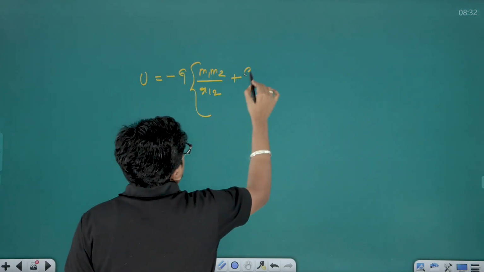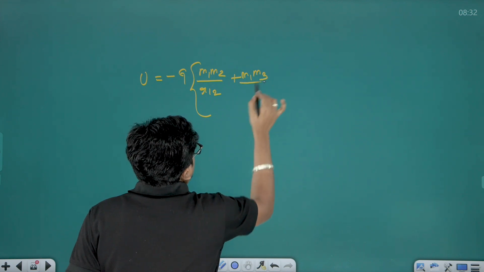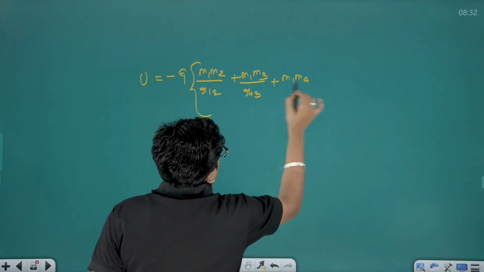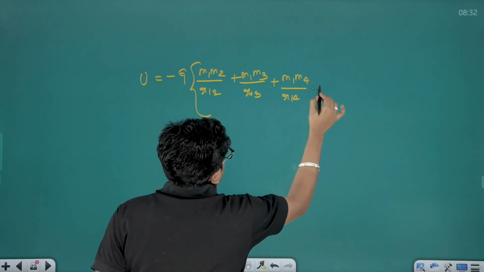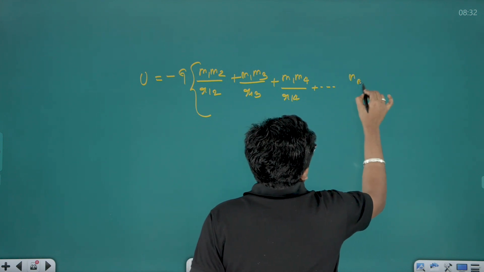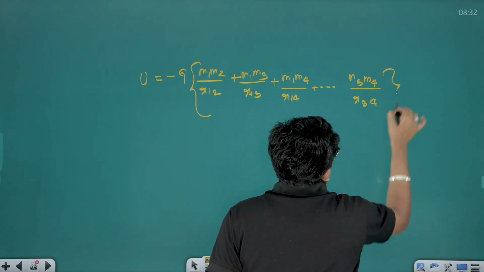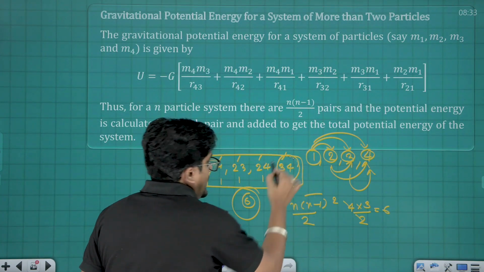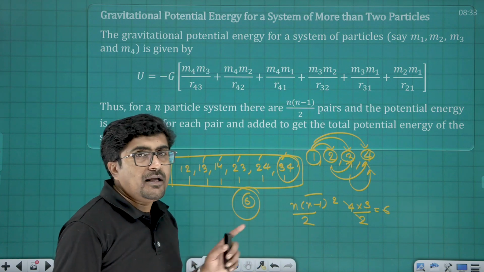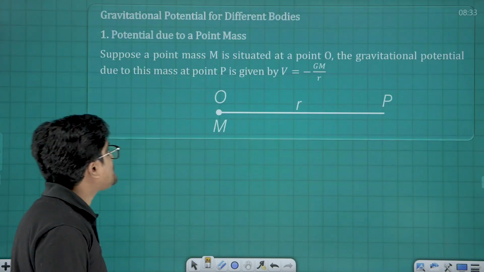So here this is going to be M1 into M3 divided by R13 plus M1 into M4 divided by R14. Alright, like that it will go up to M3 M4 upon R34. Because here the last one was 3, 4. 34 was the group, so it's going to be M3 M4 upon R34. That's going to be the final expression. I hope you got it right.